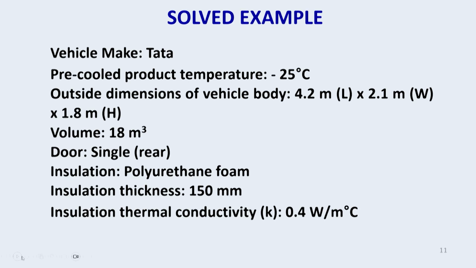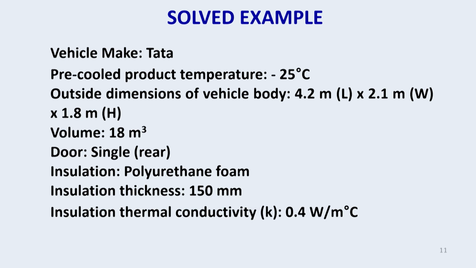So I have taken a kind of case study, a small solved example. The vehicle make is Tata. Pre-cooled product temperature is minus 25. Outside dimensions of the vehicle body: length is 4.2 meter, width is 2.1 meter, height is 1.8 meter, volume is 18 meter cube. A single door is used on the rear side.